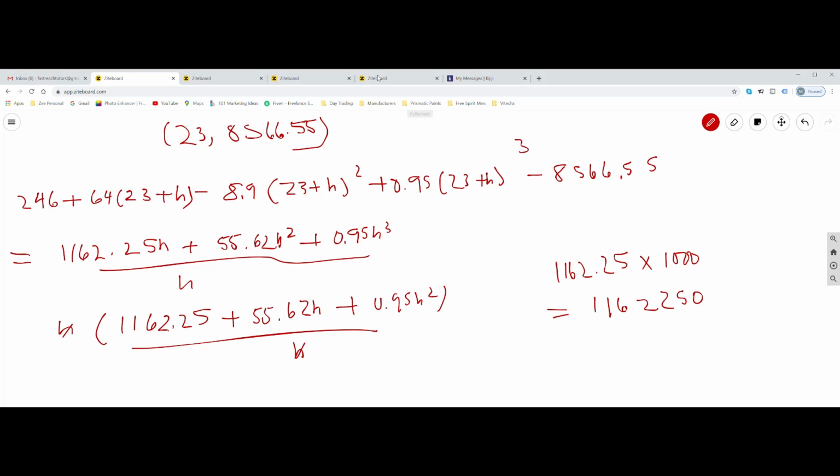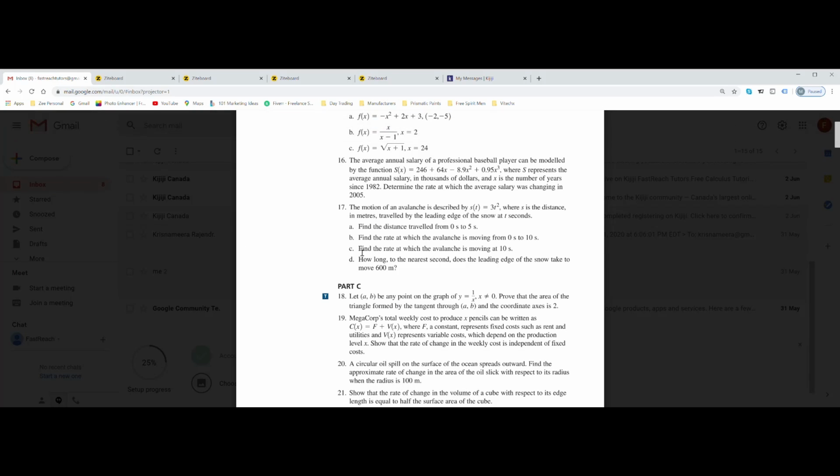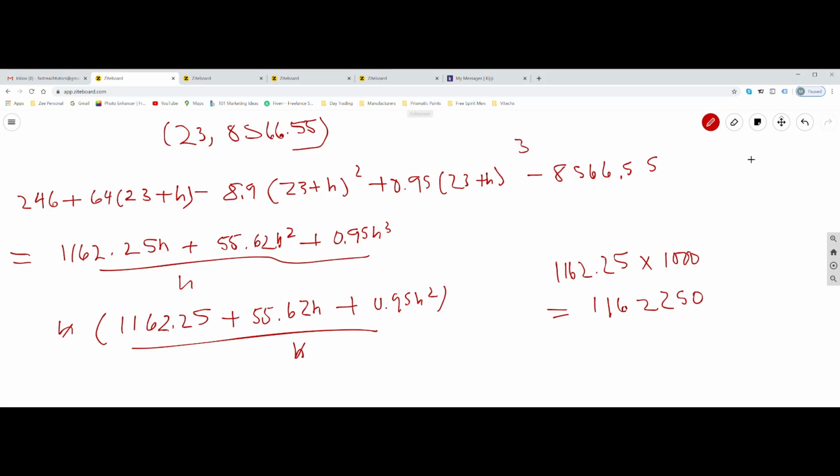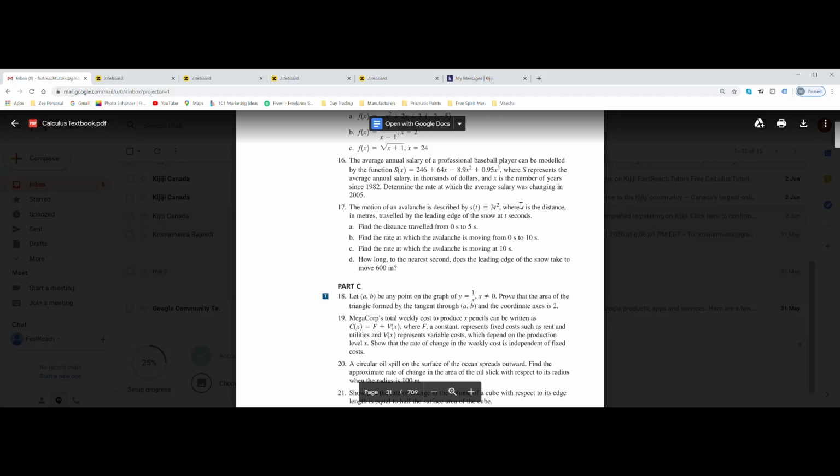So that's 16. And for 17, you have the equation x equals 3t squared. Let's look at the question.